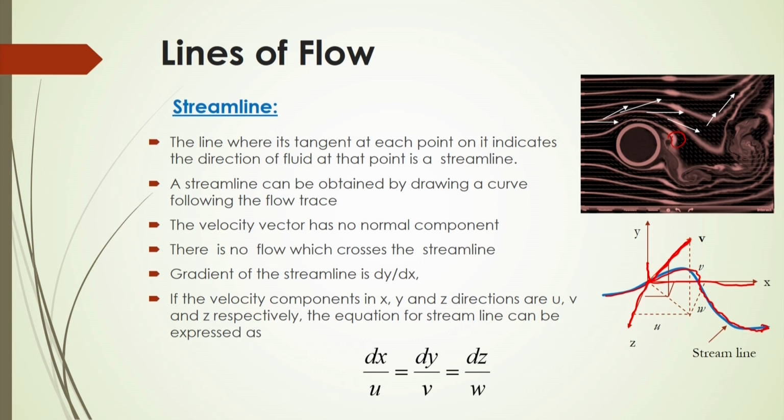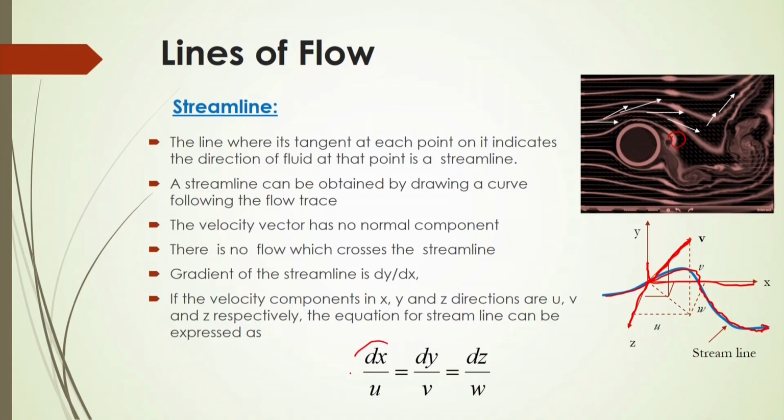If the velocity components in x, y and z direction are u, v and w respectively, then the equation for the streamline can be expressed as dx by u equals dy by v equals dz by w.